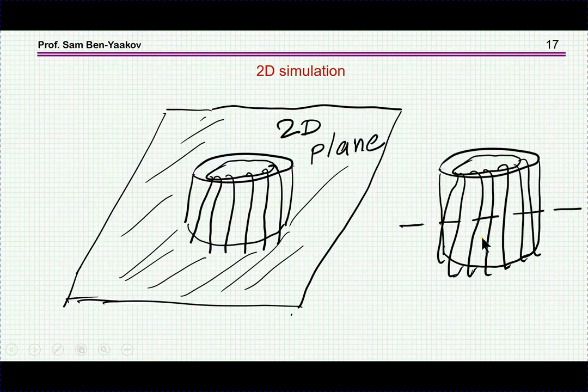Let me point out that this finite element analysis is two-dimensional. So strictly speaking, it'll be pretty accurate for the case in which the straight lines of the windings are long, and we are looking at the cross section here.